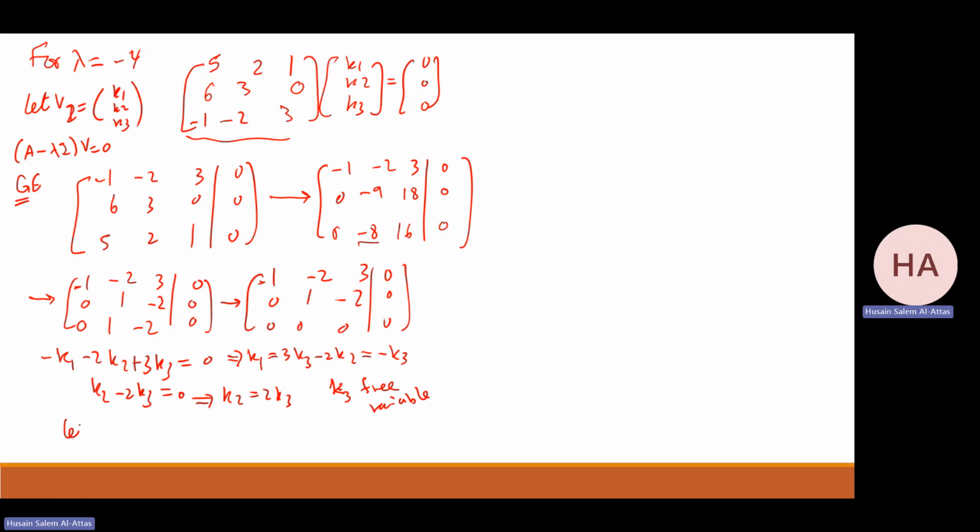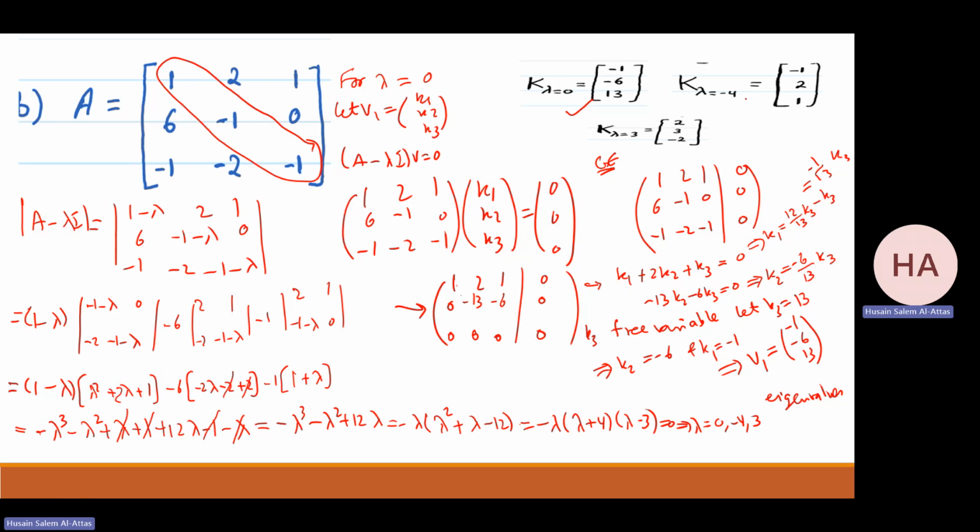So let K3 equal 1. What will be K2? 2. And K1 minus 1. So my V2 will be minus 1, 2, 1. Which is the same as this one. Yes.